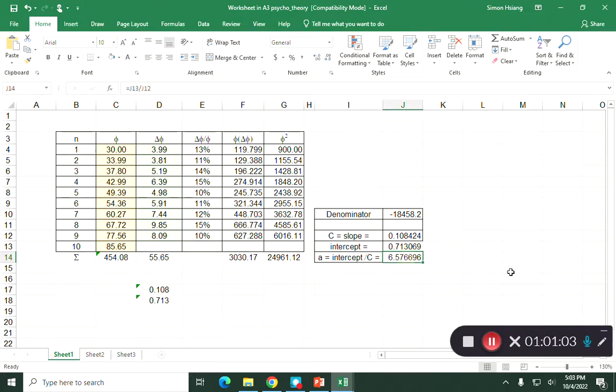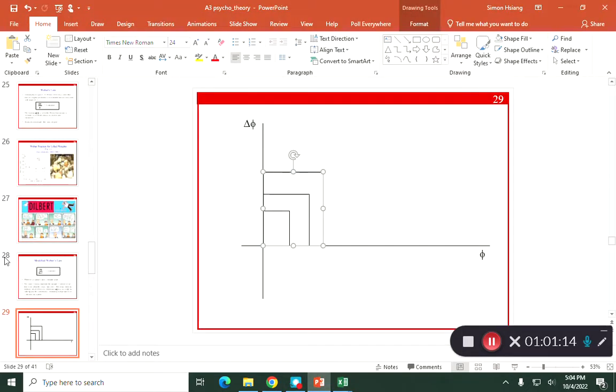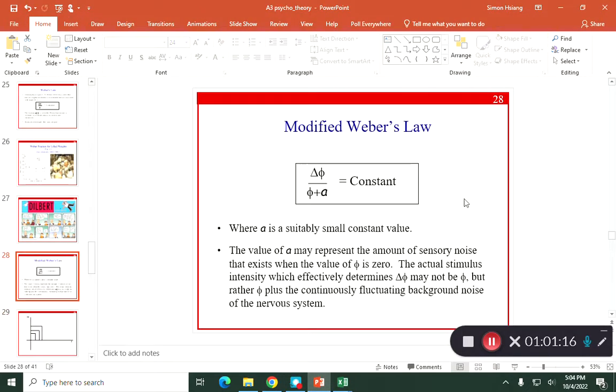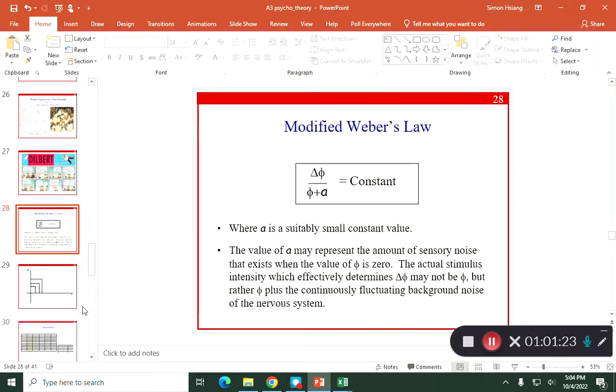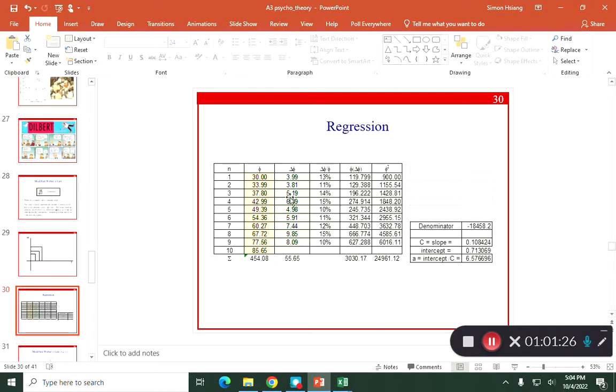So your internal noise 6.57. Okay? And the slope will be your Weber constant C, modified Weber constant C. So the game I would like you guys to do for homework 1 is you can use my number, or you can come up with a set of number.